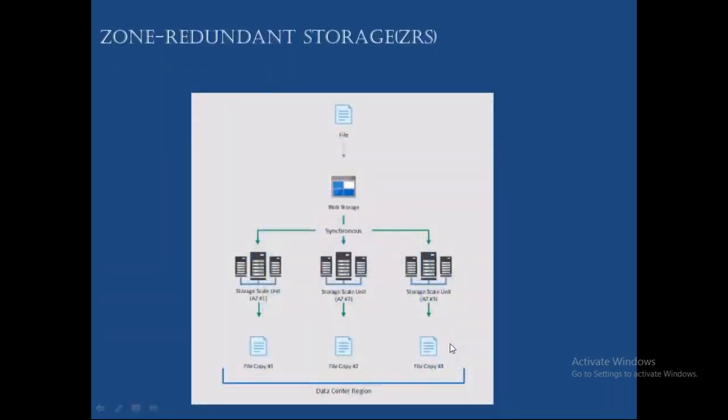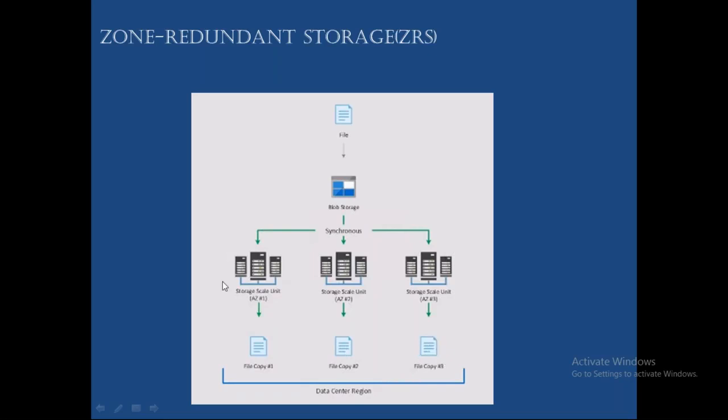In zone redundant storage, you see here, you have 3 availability zones, meaning one availability zone is nothing but a separate hard disk, separate power supply, separate cooling system, separate security. Instead of storing your copies in a single availability zone, you are now storing 1 copy in one availability zone, another copy in another, and another copy in another.